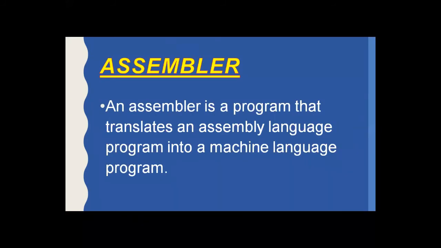In simple words, an assembler is a program which converts assembly language into machine language. What is the function of an assembler in software? It is a program that can translate an assembly language program and convert it into a machine language program.